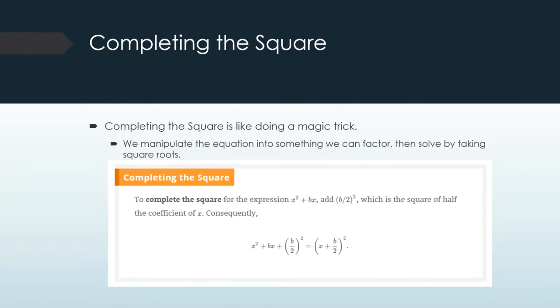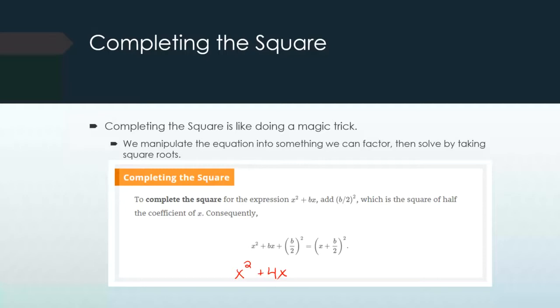So to complete the square, we're basically adding b over 2, squared, on both sides of the equation. Adding it on both sides of the equation is something that's allowed. We can add the same thing on both sides, and we're doing that to create something that can be factored. We're basically taking something that, let's say, looks like x squared plus 4x, and then we're adding half of that b term squared.